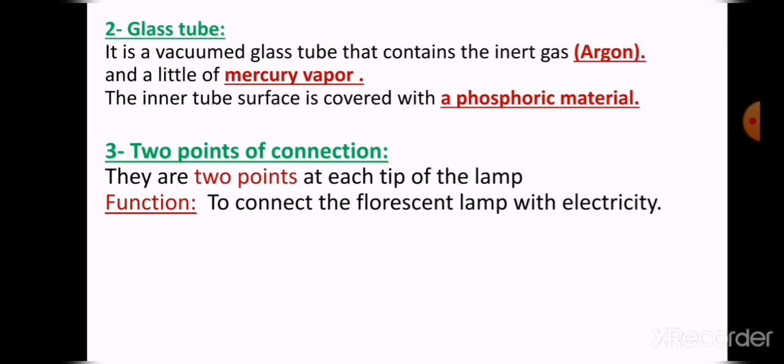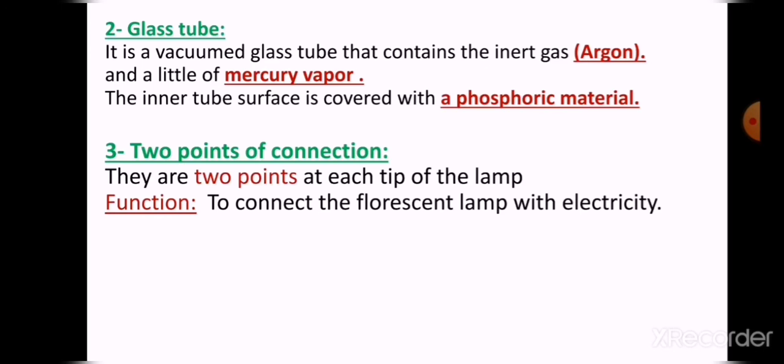Number two, the glass tube. It's a vacuumed glass tube that contains inert argon gas, not neon gas, and a little mercury vapor.